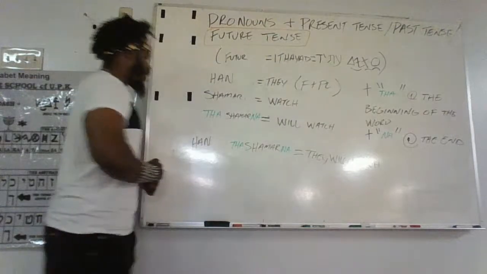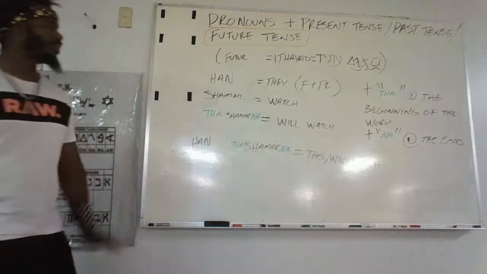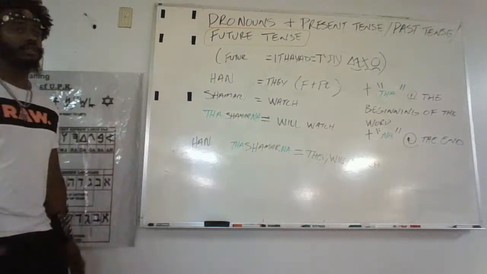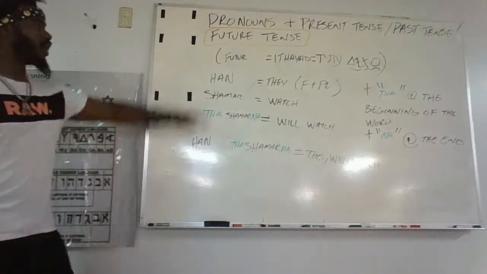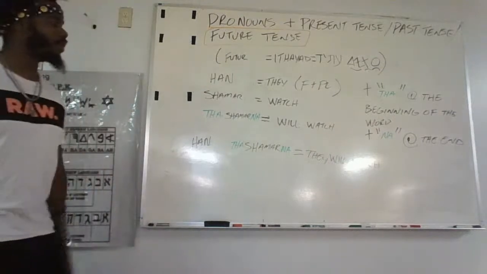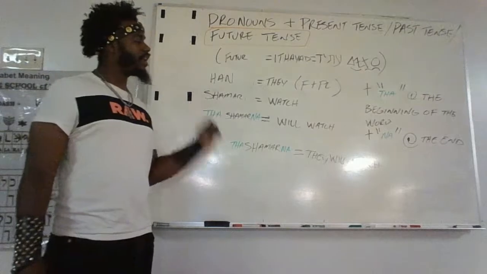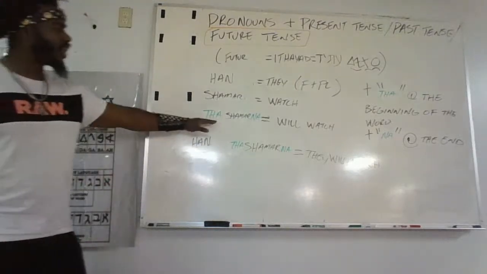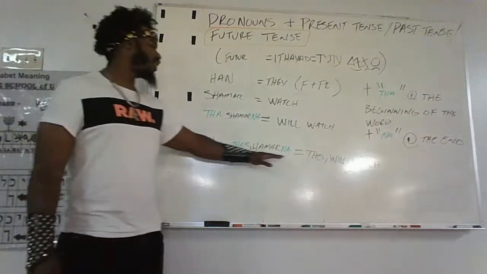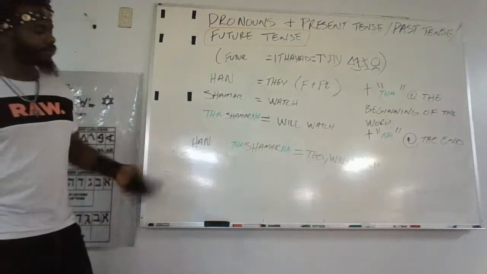All right. So that sentence will be Hen Tashamarna, which is they will watch, talking about a group of women. All right. So hen is they in the feminine plural sense. And the rule is you're going to add a tha in the beginning of the word and a na at the end. So that's Tashamarna. So the sentence again is Hen Tashamarna. They will watch. All right.